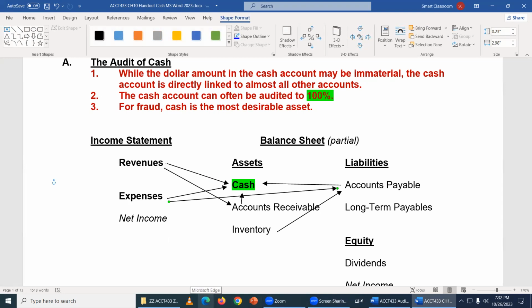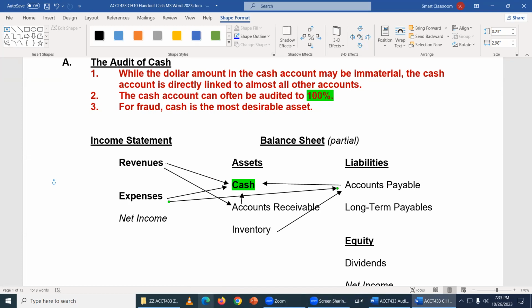It's like all roads lead to Rome, all roads lead to cash. So if you look at the cash account, you can get a very good understanding of the revenues, expenses, and most of the other accounts on those financial statements. So it's a very important account to look at.